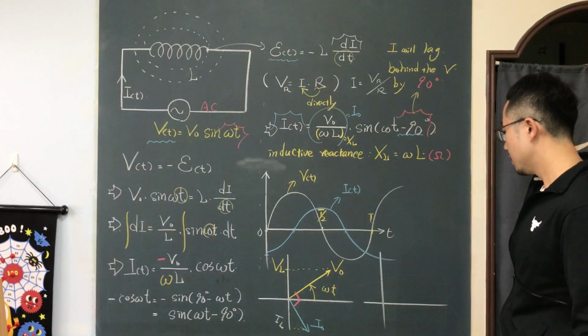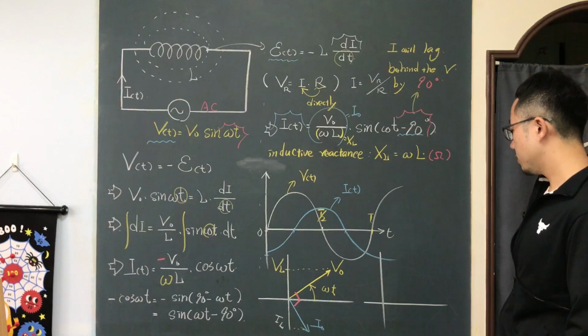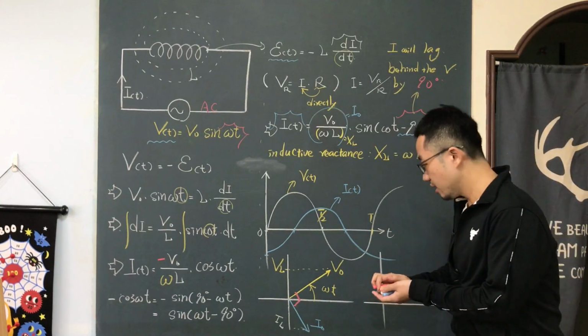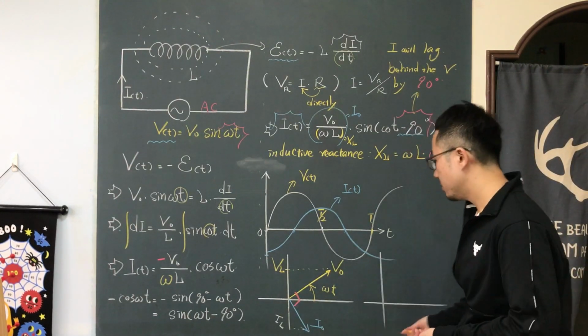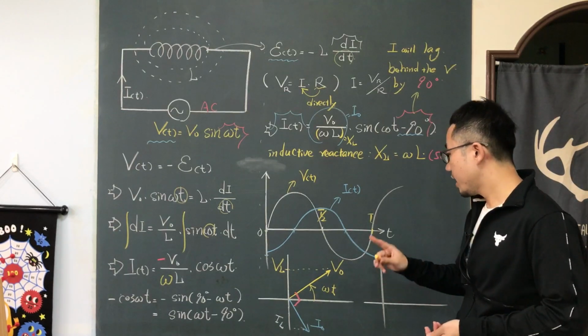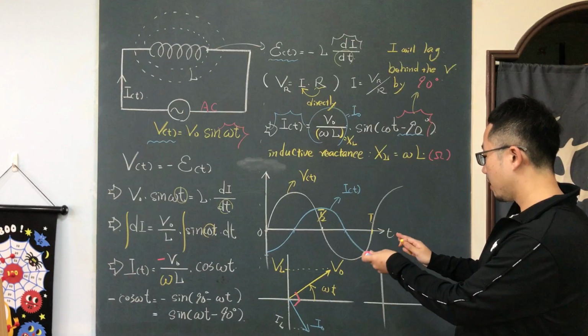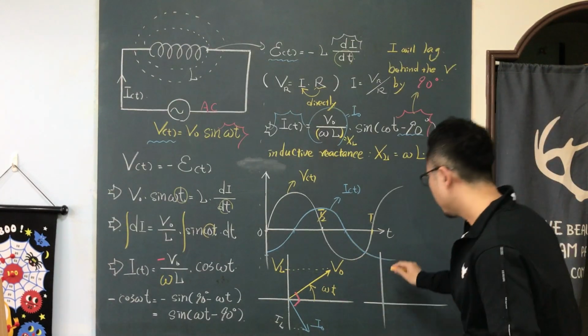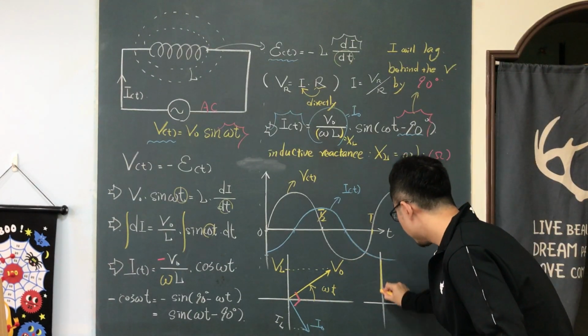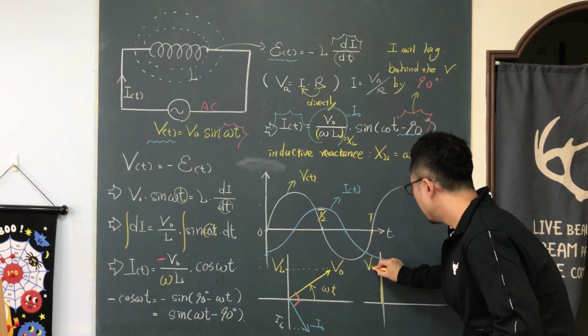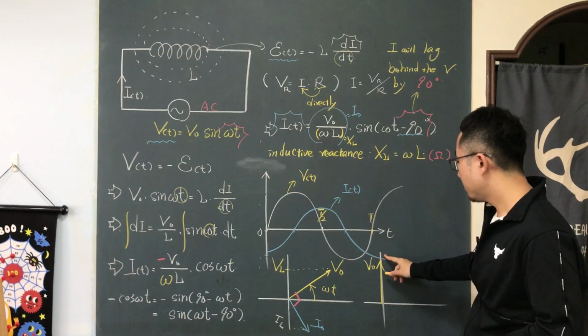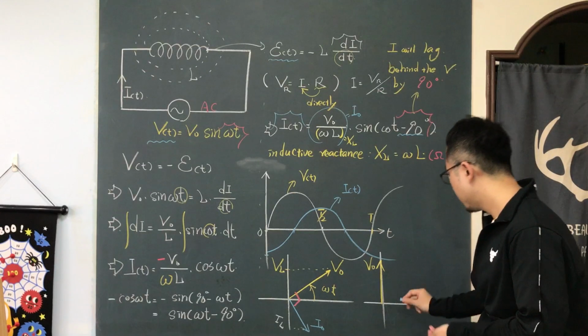Let's redraw it. It is now rotating. To help you see how they are perpendicular to each other, I'll rewrite it again. This is the voltage when it reaches its maximum value. And where is your current?